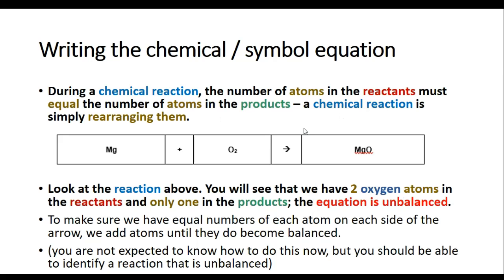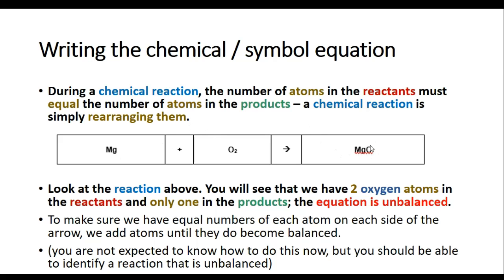Now if you have a look at the reaction that we've written down, we have 1 atom of Mg, magnesium here, we have 2 atoms of oxygen here, and then we have, on this side of the arrow, 1 atom of magnesium here, which checks out, so we have 1 each on each side of the arrow.